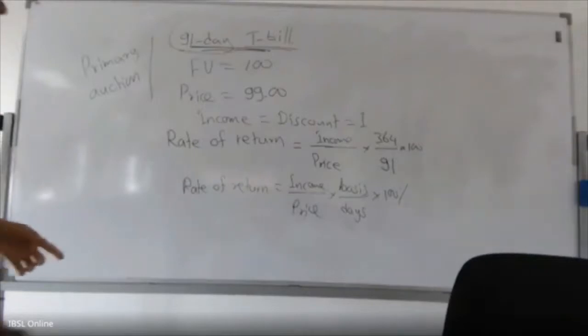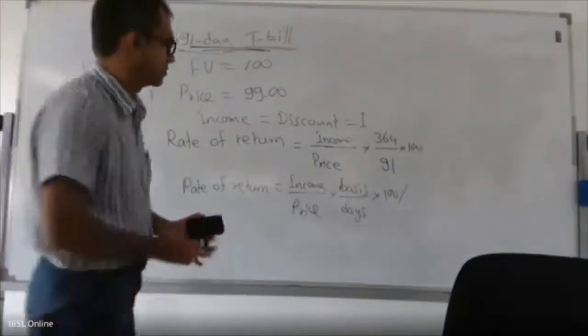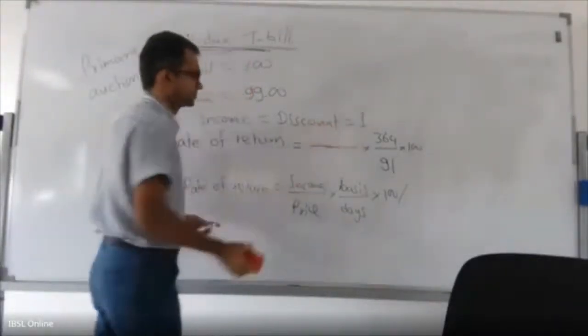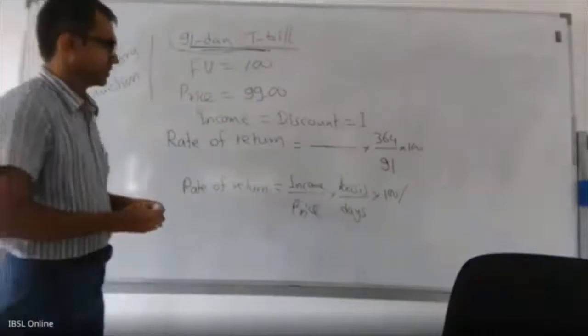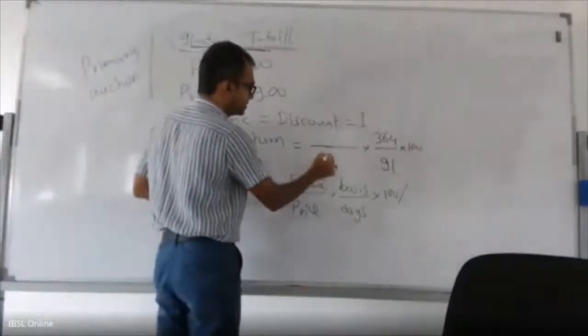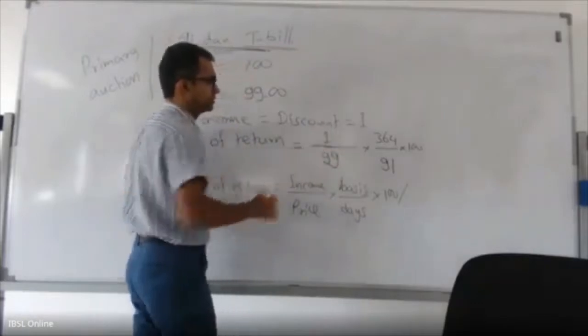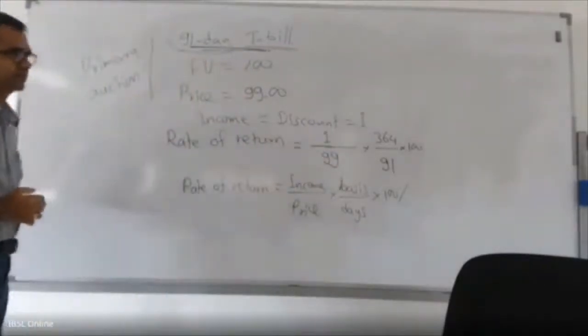We can get it by substituting numbers. What's the price he paid? 99. He gets an income of ₹1.